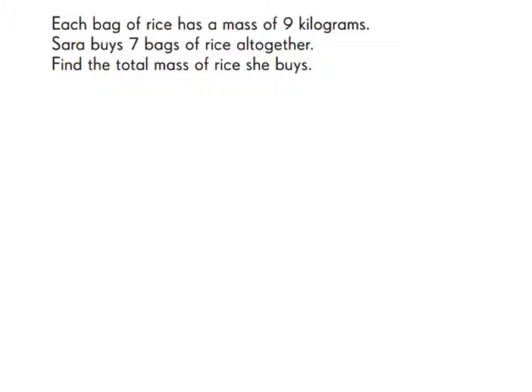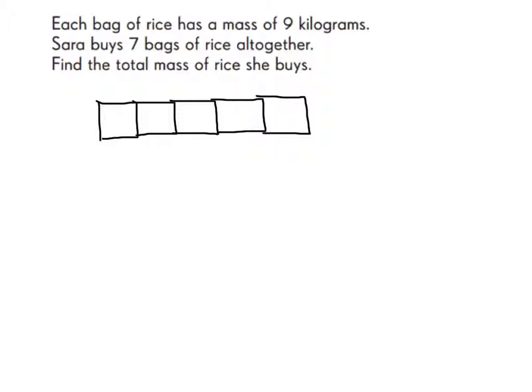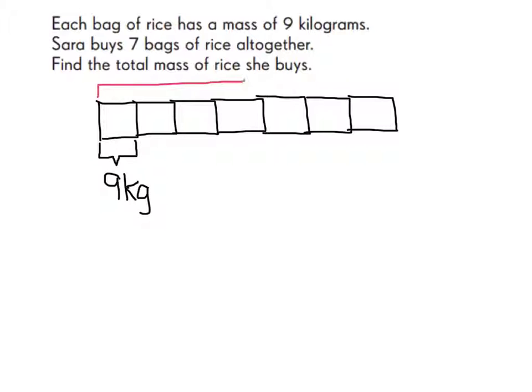If each of the bags of rice has a mass of 9 kilograms, and there are 7 bags, then the bar model we would set up would show those 7 bags each having a 9 kilogram mass. What we want to know is the total in those bags.